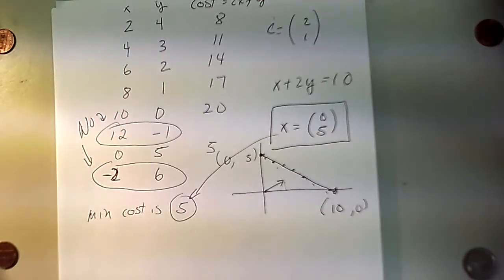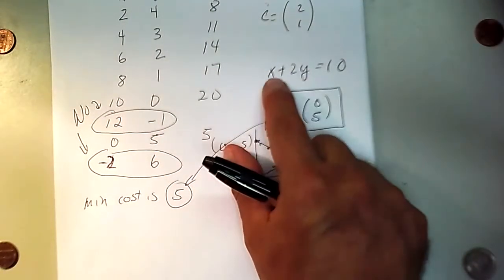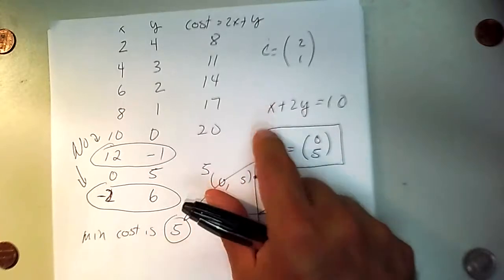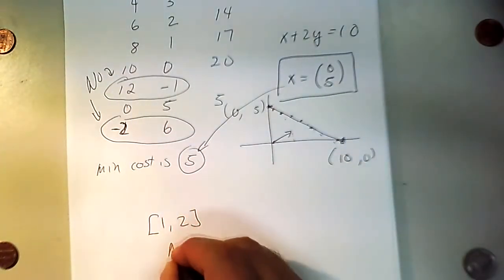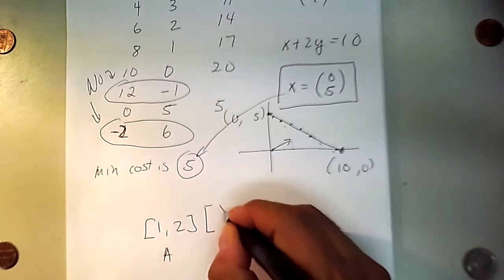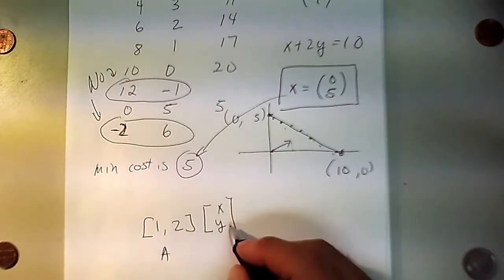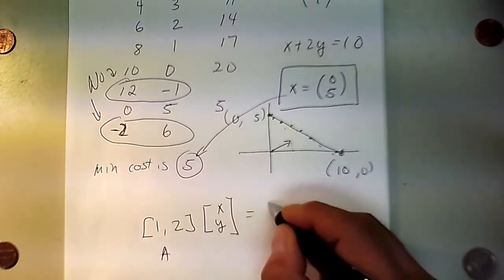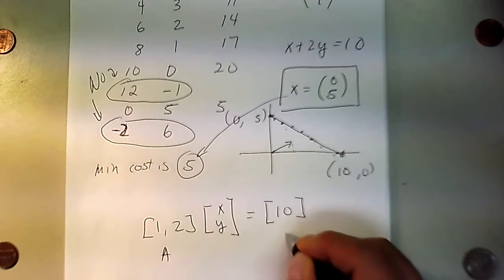By the way, before I move on into part B, I just want to rewrite this as a matrix. So the matrix is a 1 by 2 matrix. We have 1, 2. That's matrix A times x, y, that's the column vector x, equals B. B is just the 10.